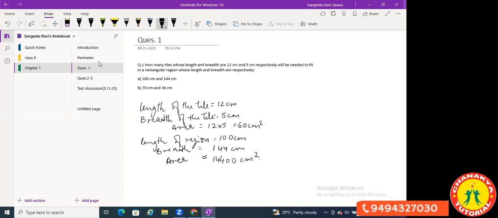Okay, so area of this is now to find the number of tiles. What will you do? Number of tiles, tell me quickly. Area of rectangular region by area of one tile. Now quickly tell me the answer. What do you get? Ma'am, 24.